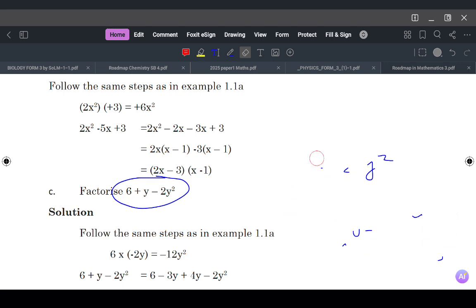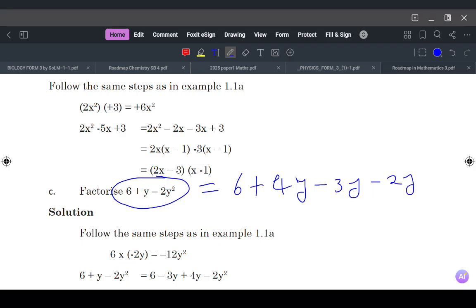All right. So rewriting this as grouped terms shall give us 6 plus 4y minus 3y, then minus 2y squared.